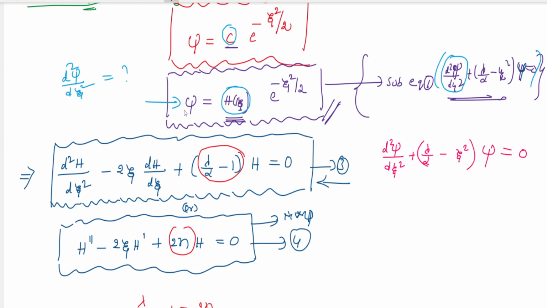Two times you can differentiate with respect to xi. The resultant value you can substitute here, and this wave function is substituted here. Then you can simplify this equation. Then you can get equation number 3. Okay, so it looks like a Hermite differential equation, right?